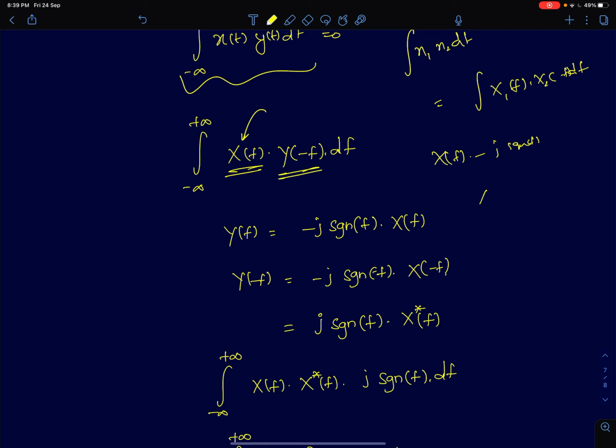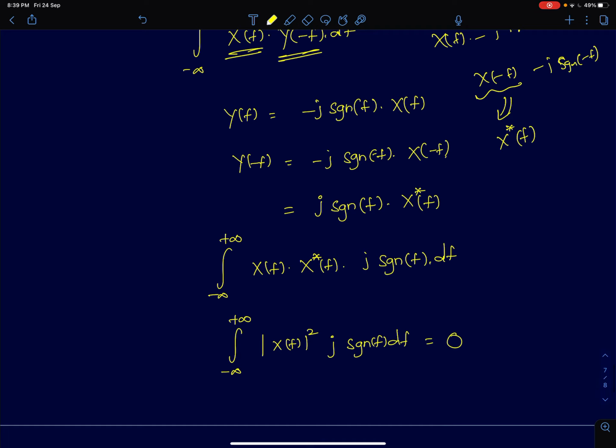So y of minus f will be x of minus f into minus j signum of minus f. Now if you remember, for a real signal, x of minus f is simply x conjugate of f because they obey the conjugate symmetry property. So we can directly write the integral as x of f into x conjugate of f into minus j signum of minus f, which can be simply written as j into signum of f.